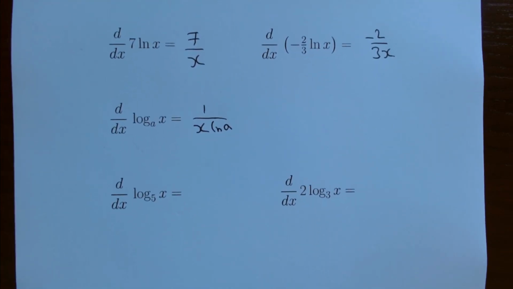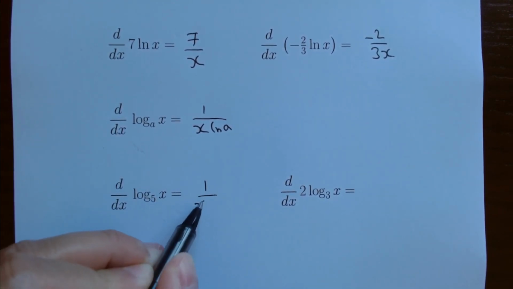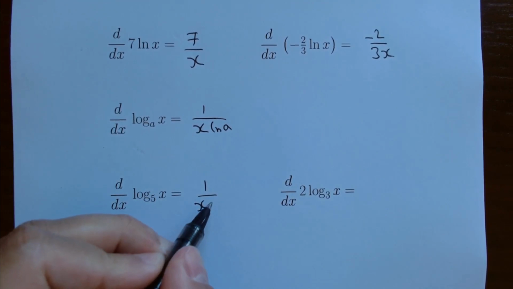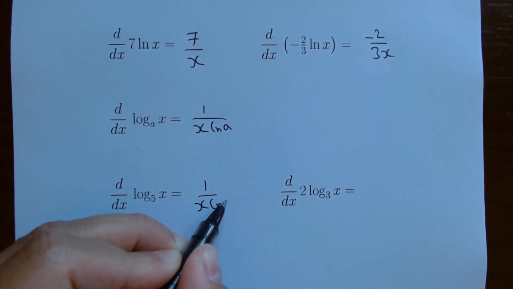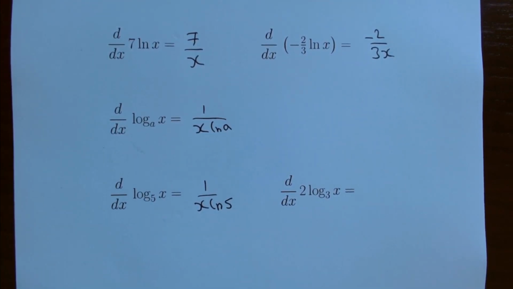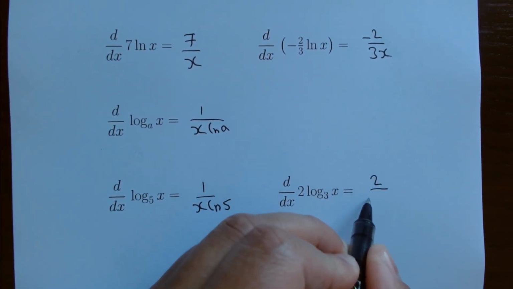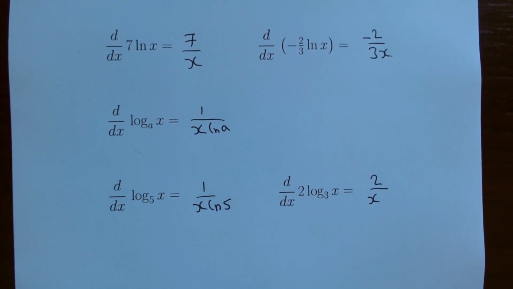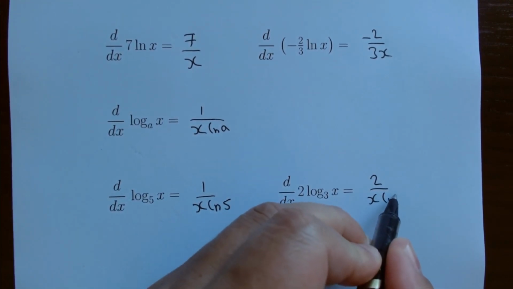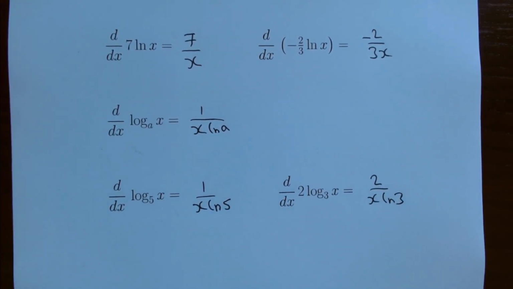So for example, if you want to differentiate log base 5 of x, it becomes 1 over x, just like the natural logarithm, but we have to add in a ln 5. If you want to differentiate 2 log base 3 of x, you're going to get a 2 over x as if it was a natural logarithm, and then you get the extra factor ln 3.